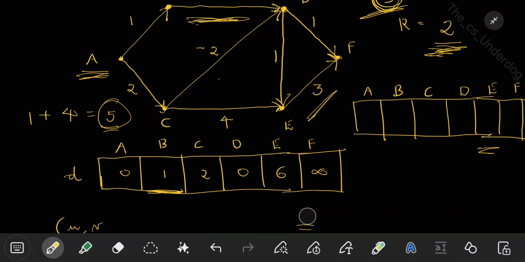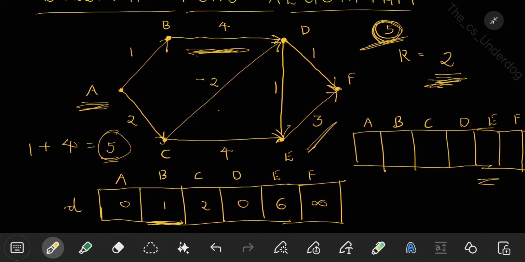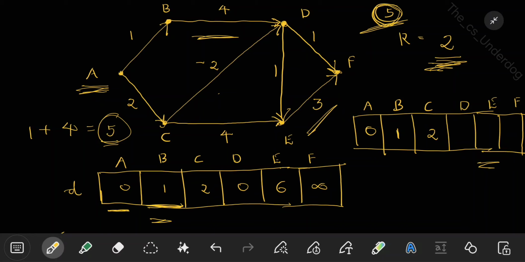In the third round, again I'll start with the edge AB. Initially A is 0 because it is the source vertex. If I relax AB, distance to A is 0 plus 1 is 1. So this will remain as 1. Same with AC. This will remain as 2. Let me relax this edge BD now. If I relax BD, existing distance to B is 1. So 1 plus 4 is 5.